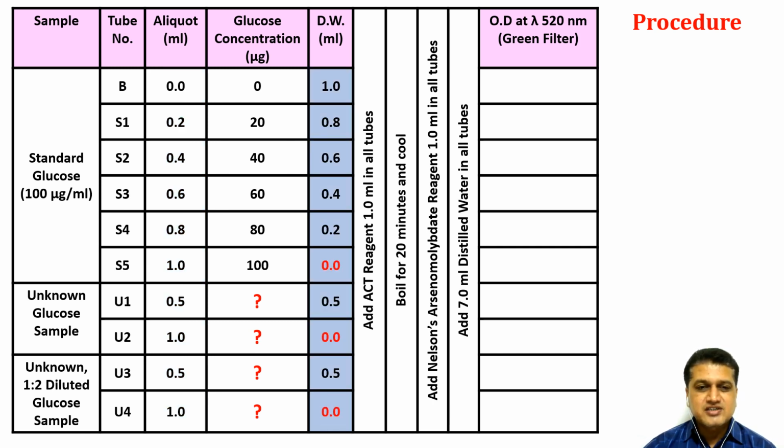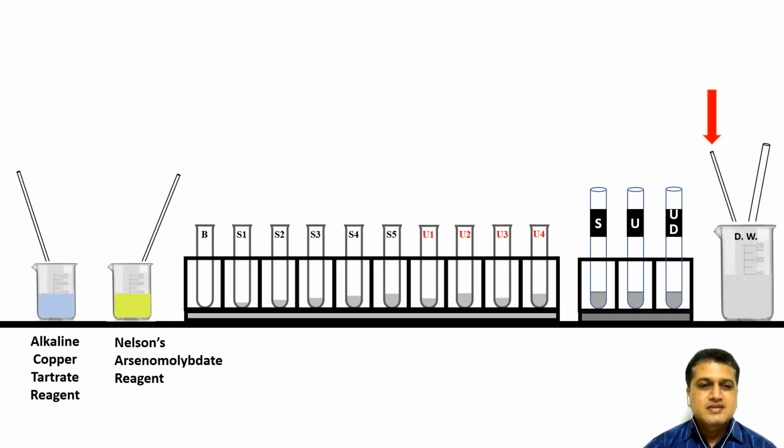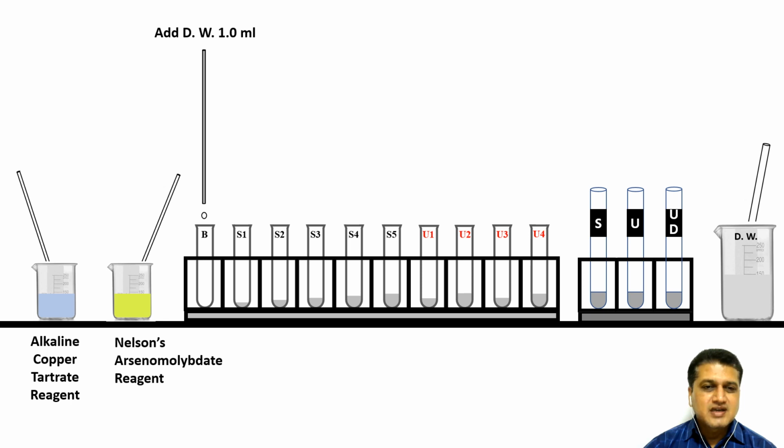Now add distilled water in all 10 test tubes to get final volume 1 ml. So pipette in distilled water using 1 ml glass pipette. Add 1 ml distilled water in blank tube.